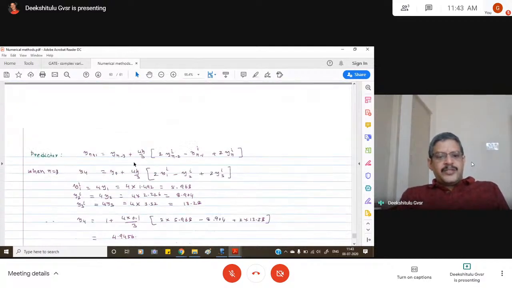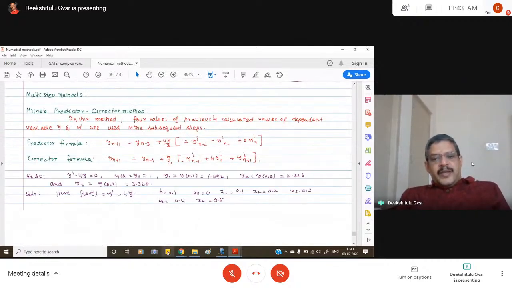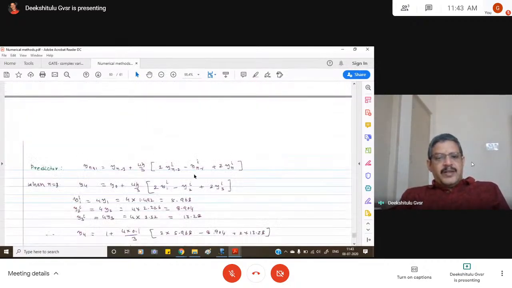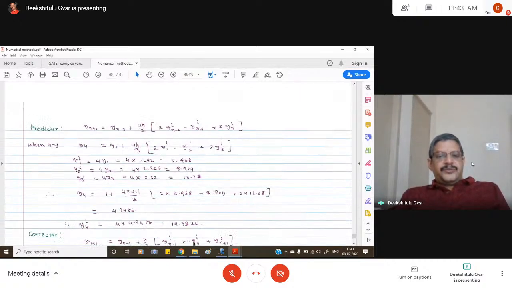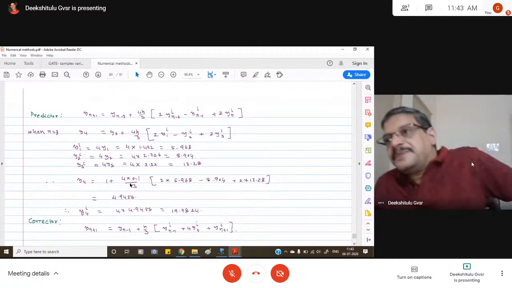Plus 4 into h, which is 0.1, by 3, 2y(n-2). n minus 2 means n is 3, so n minus 2 is 1. y1' is 5.962. Then y(n-1) is y2'. If you substitute these values, we get y4 is 4.9456. See, this is the predicted value.